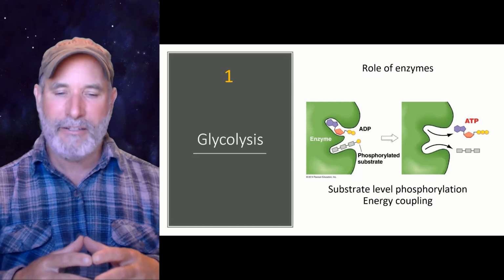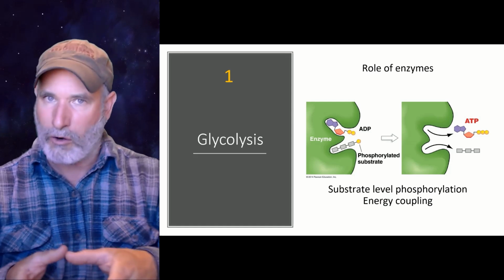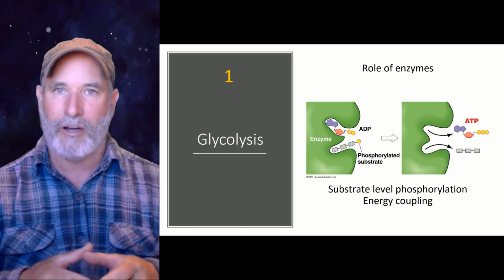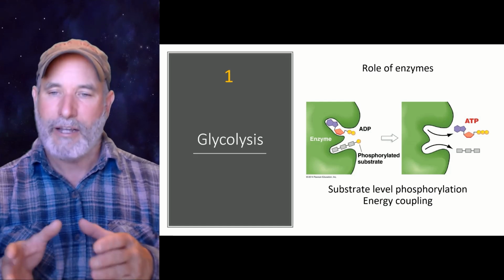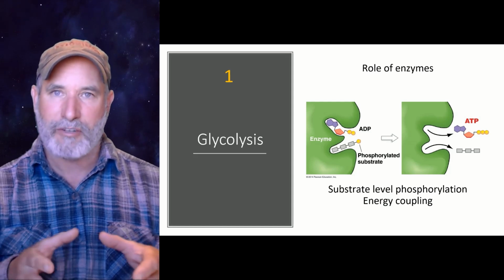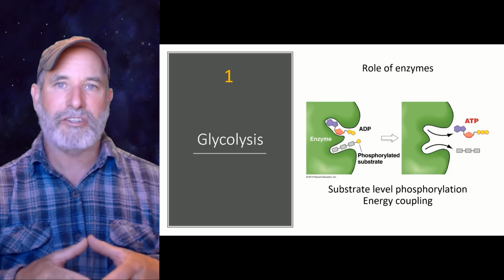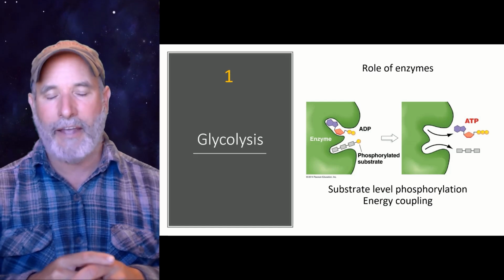Now what that means is, anytime you hear the word phosphorylation, I'm going to phosphorylate something, I'm going to stick a phosphate group onto it. And substrate level, substrate, that tells you enzyme and a substrate. The enzyme is going to facilitate this reaction of adding a phosphate onto ADP to make ATP.